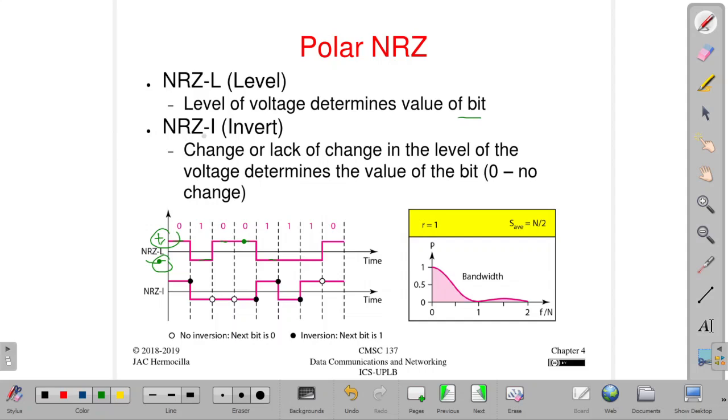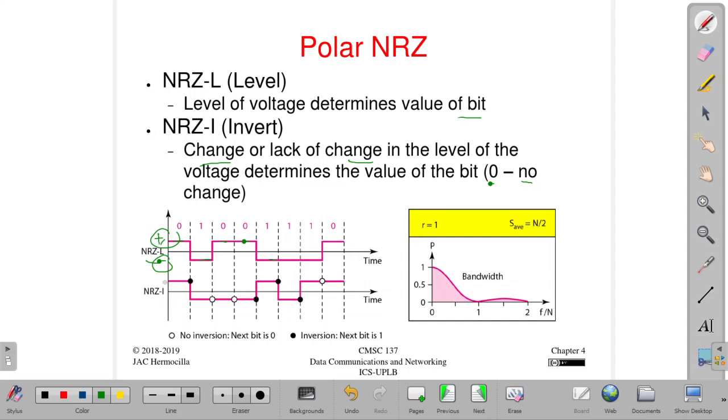For NRZ-I, or NRZ invert, the change or the lack of change in the level of the voltage determines the value of the bit. Meaning, if there is no change in the voltage level, then the value is 0. Let's take a look at an example.